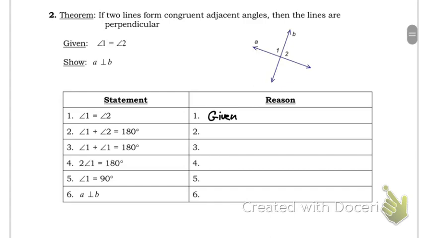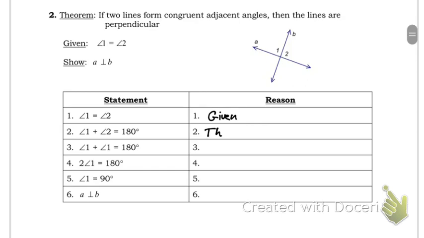What'd you get? Theorem 1. Look at it if you didn't find it. Theorem 1 says that linear angles equal 180 degrees in short. So our theorem 1 says that angle 1 plus angle 2 equals 180 degrees.